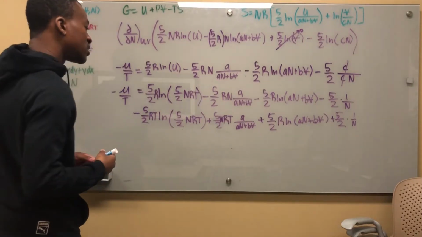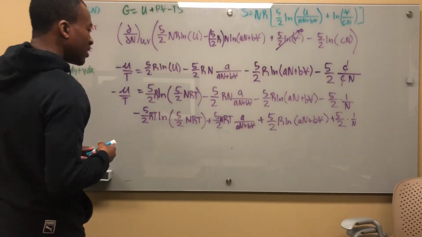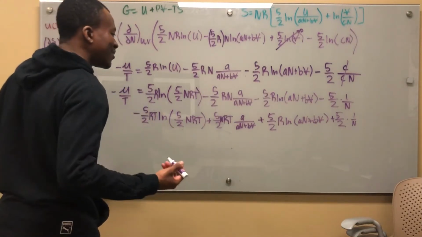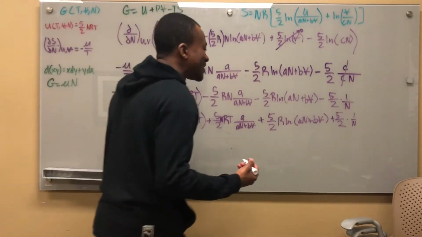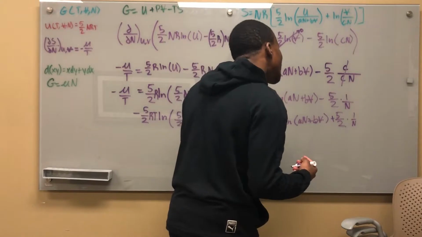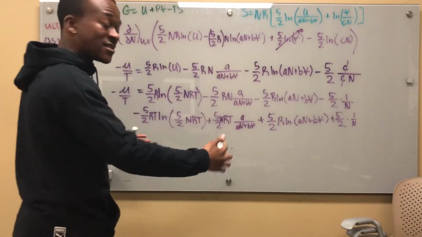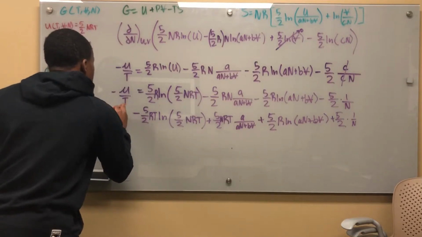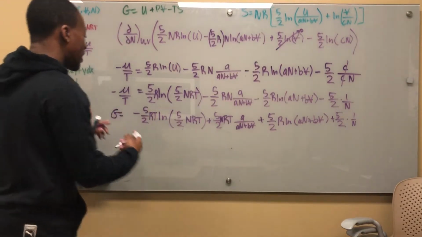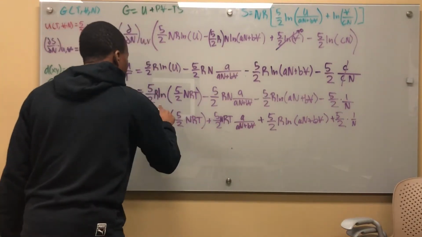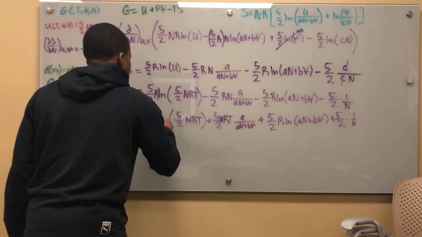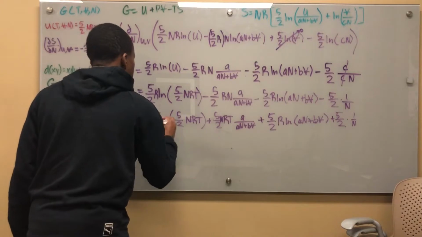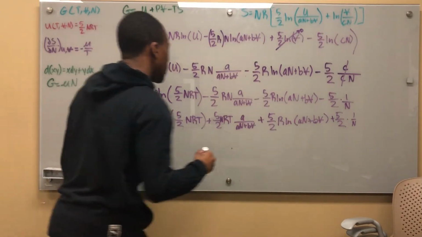I could really just take brackets and put times N of the whole thing, okay? But I'm going to say that G equals, since it's mu times N, this whole thing right here is already mu, so if I want to have an N, I can just say times N, RT ln of this.